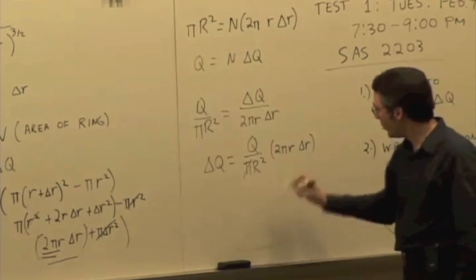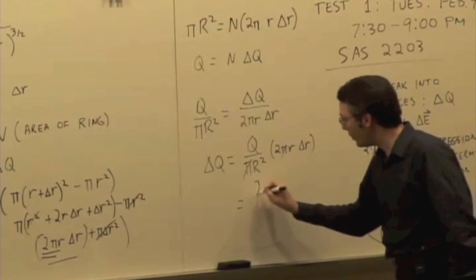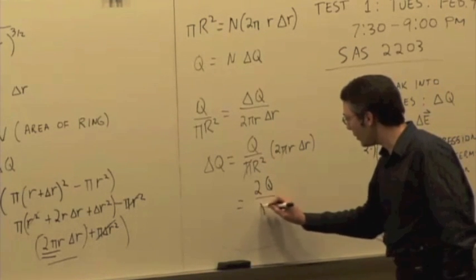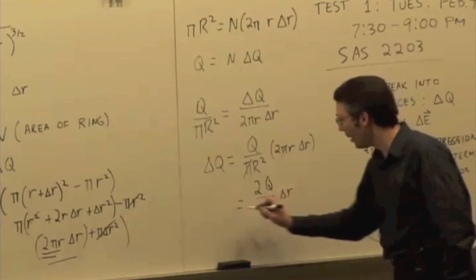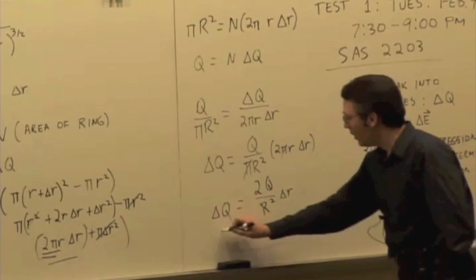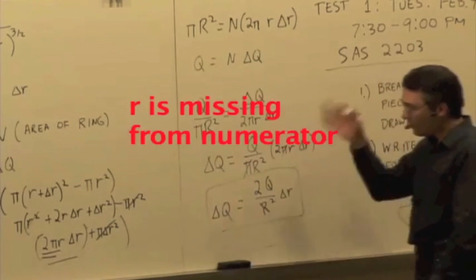And we have a pi that goes away and a factor of 2, so we have 2Q over R squared times r delta r. We finally went through all that geometry.